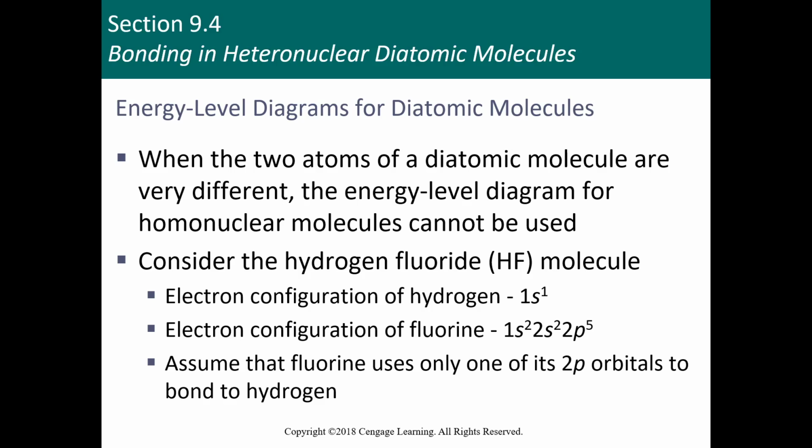The electron configuration for hydrogen has an s orbital with one electron in it. The electron configuration for fluorine is 1s2, 2s2, and then 2p5. And so you can't even combine the 1s orbitals because one of them is a valence shell, one's a core, and you end up having to work with one of the p orbitals from fluorine bonding to the hydrogen, because those are what will be able to overlap.